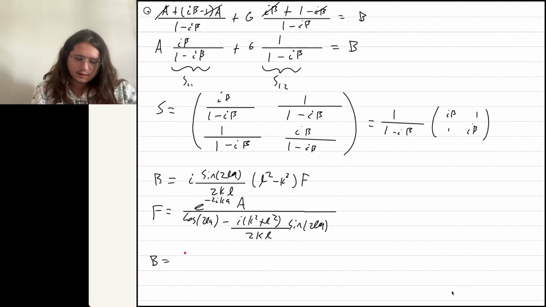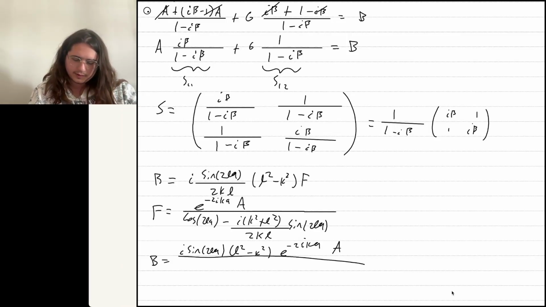So we get B equals i sin(2la) (l squared minus k squared) e to the minus 2ika A. It's A now. And it's all divided by 2kl cos(2la) minus i (k squared plus l squared) sin(2la).